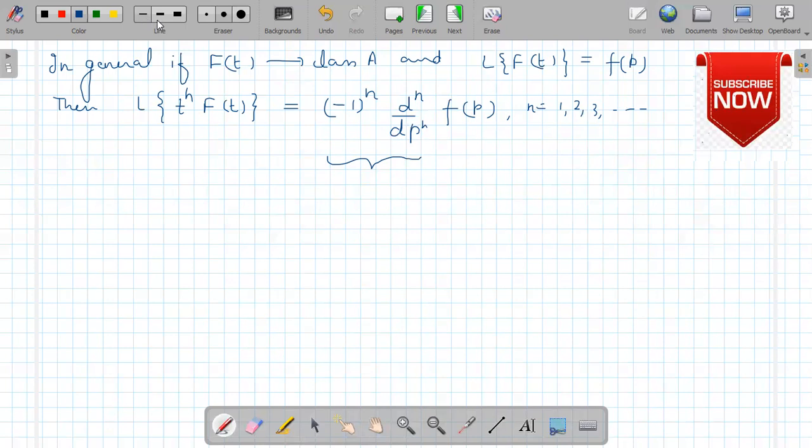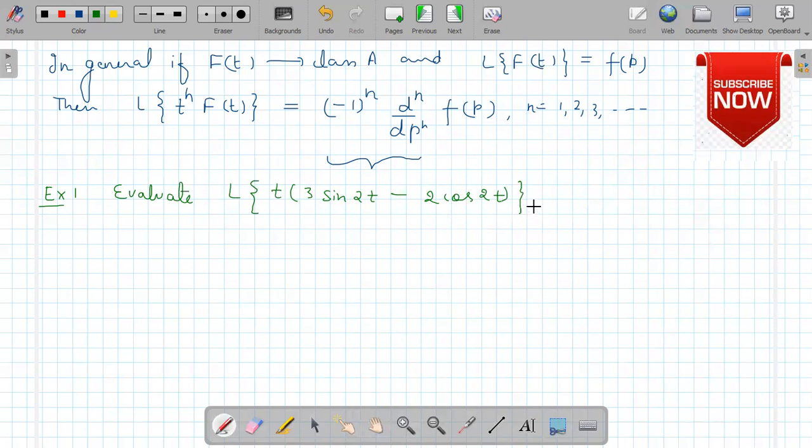So let us do one example to understand the procedure. Evaluate Laplace transform of t into 3 sin 2t minus 2 cos 2t.